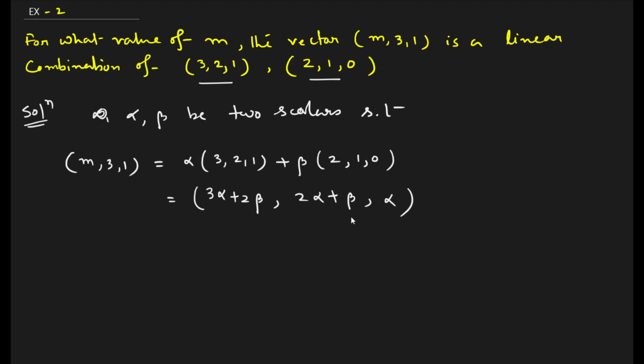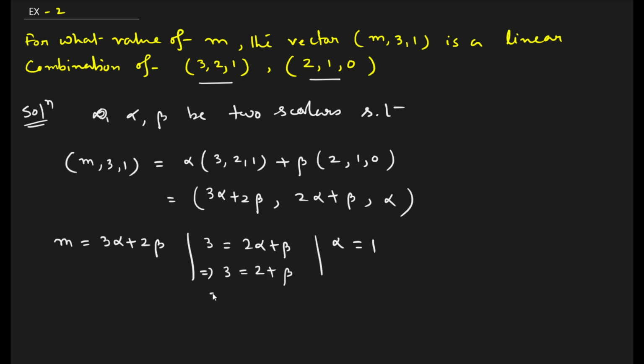So see, the left hand side is a 3-dimensional element and the right hand side is also a 3-dimensional element. So if we compare, m equals 3 alpha + 2 beta, then 3 equals 2 alpha + beta, and finally alpha equals 1. Okay, so let us put the value of alpha. If we put 1 in place of alpha, our beta is also 1.